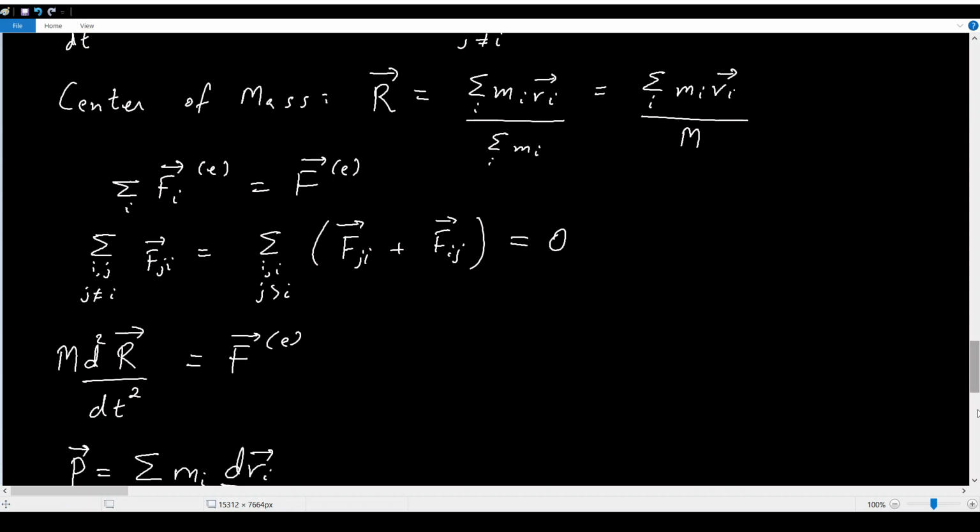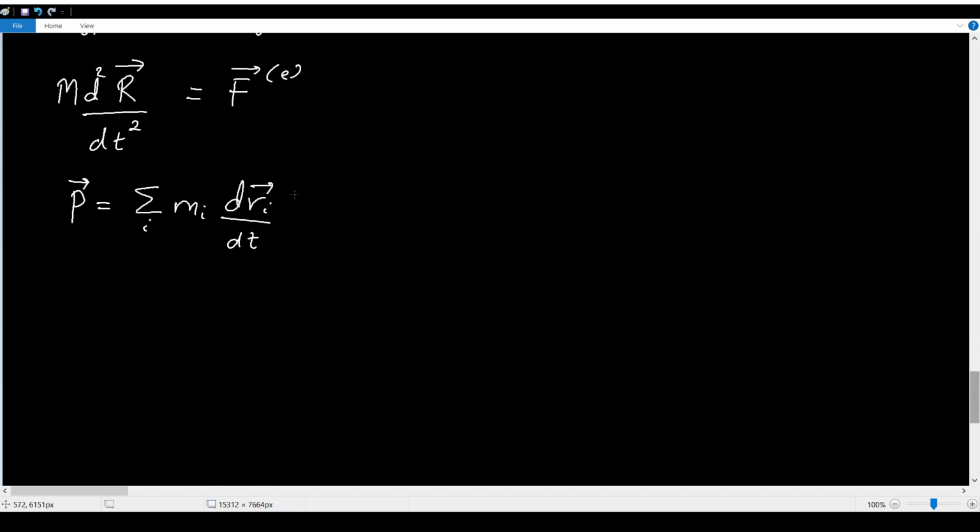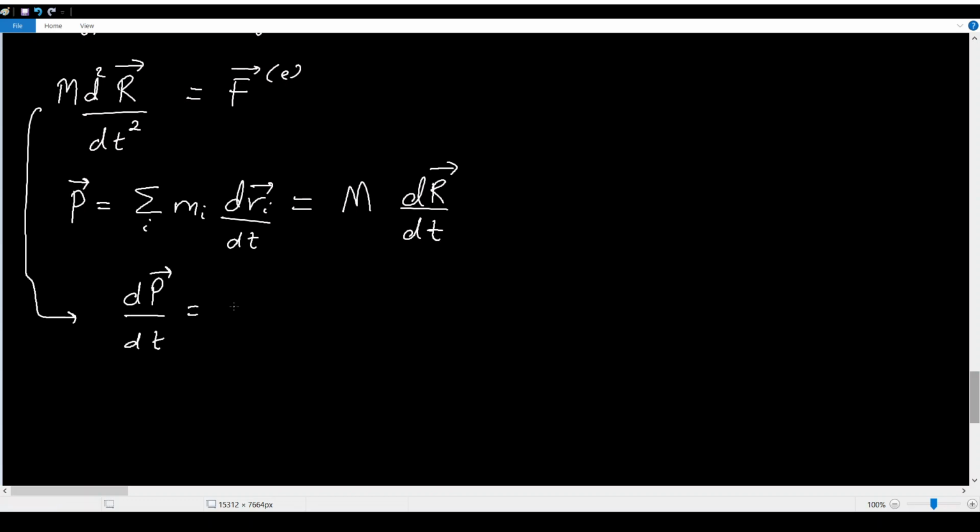So this becomes M capital R. And so M just comes here, and R is inside the derivative. So this becomes M dR/dt. Okay, so here we have M dR/dt, but we have another time derivative. So we can write this equation in terms of the total linear momentum of the system as dP/dt. This of course equals the net external force. So this is in some way the equation of motion of the system of particles.